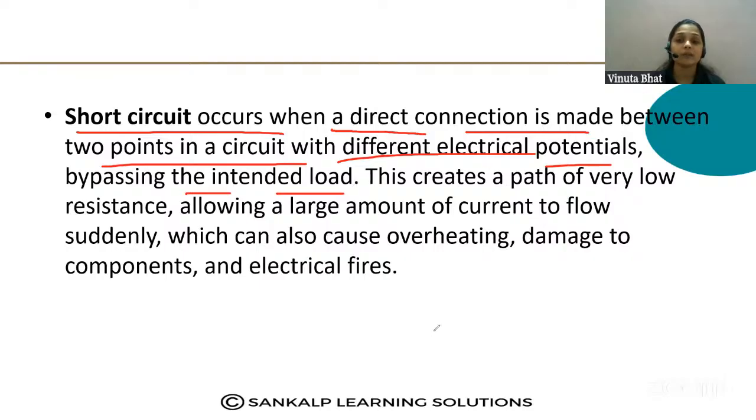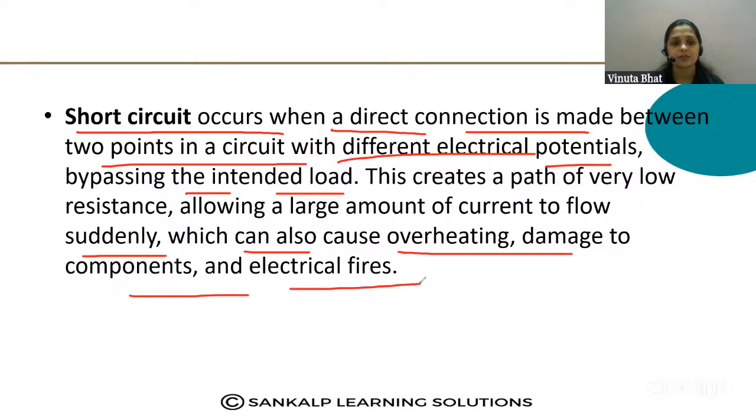It can also occur when the live wire and neutral wire come in contact due to loss of the insulation present on them. Here the current flow suddenly increases, which can cause overheating or damage of the components and electrical fires.